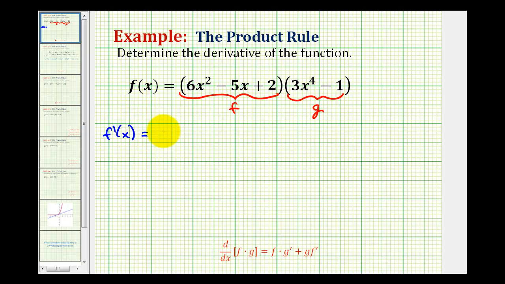So we'll have the first function, which is 6x to the second minus 5x plus 2, times the derivative of the second function, which is 12x to the third, the derivative of 1 would be 0, plus the second function times the derivative of the first function, which would be 12x minus 5, and the derivative of 2 is 0.